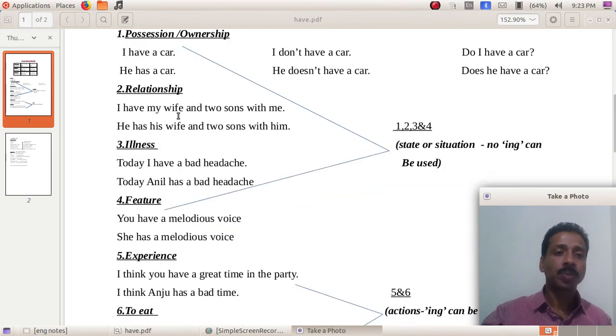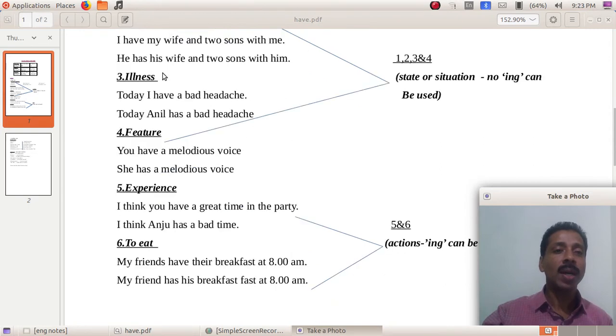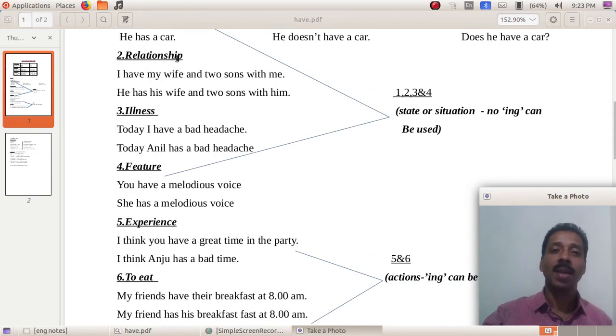Second one, in order to show relationship. See the examples given. I have my wife and 2 sons with me. So while I say I have my wife and 2 sons with me, this have is used here to show the relationship. What's the relationship? She is my wife and they are my 2 sons.